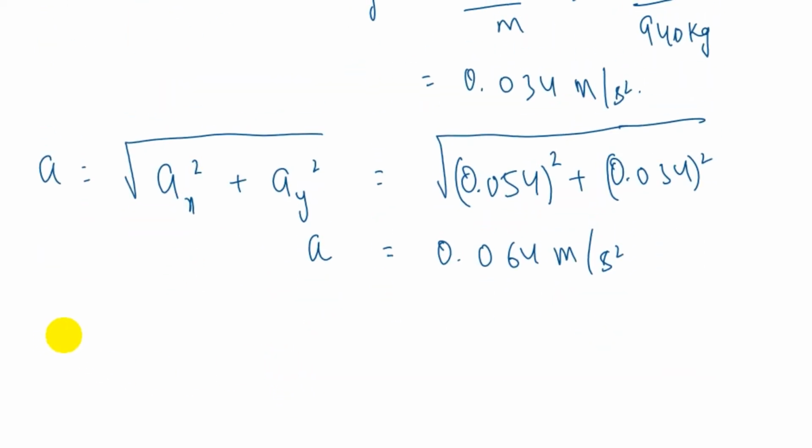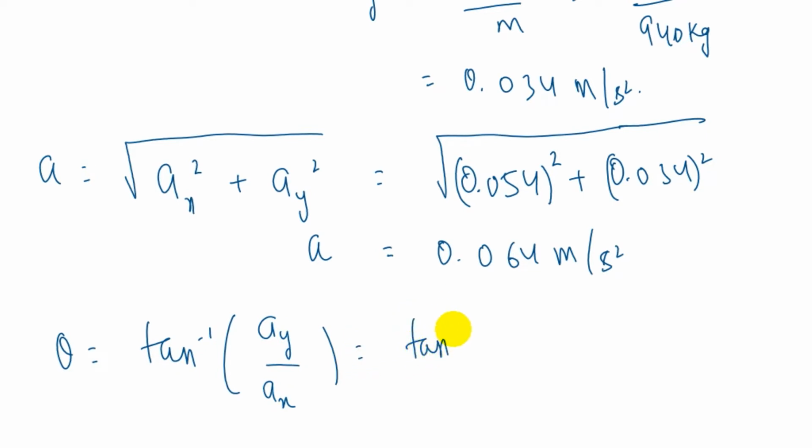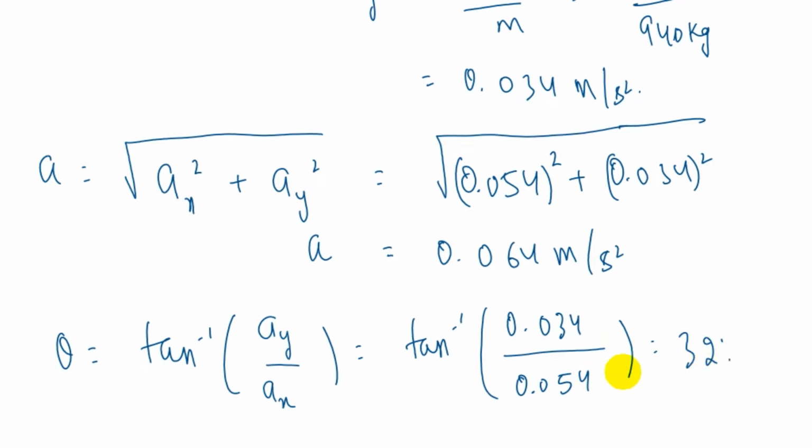Now its direction, that is theta. This theta would be tangent inverse of the y component over the x component. So tangent inverse of the y component 0.034 over the x component 0.054, and on solving we'll get the angle to be 32 degrees above the x-axis, and this direction is the same as the direction of the net force on the satellite.